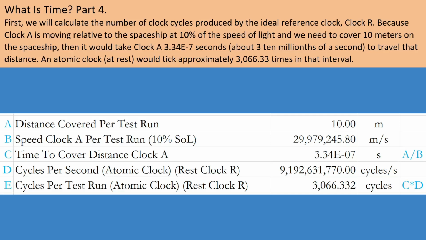First, we will calculate the number of clock cycles produced by the ideal reference clock, clock R. Because clock A is moving relative to the spaceship at 10% of the speed of light, and we need to cover 10 meters on the spaceship, then it would take clock A 3.34 times 10 to the negative 7 seconds, about 3/10 millionths of a second, to travel that distance. An atomic clock at rest would tick approximately 3066.33 times in that interval.